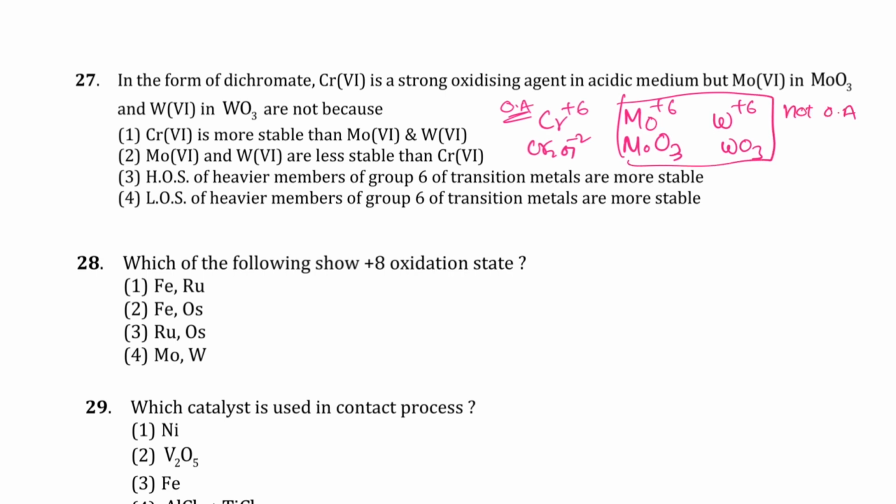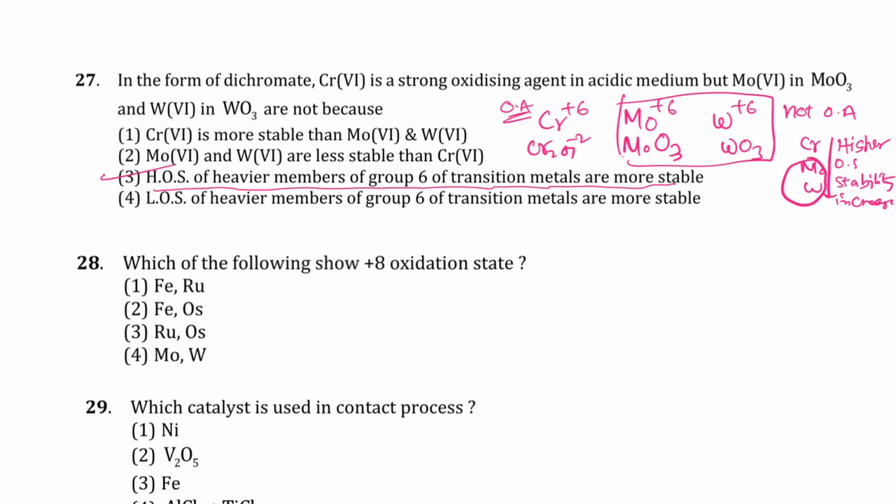Reason: in the group chromium, molybdenum, tungsten, higher oxidation state stability increases. Therefore, due to stability, these two do not act as good oxidizing agents. Higher oxidation states of the heavier members of group 6 transition metals are more stable. Therefore, the third option is correct.